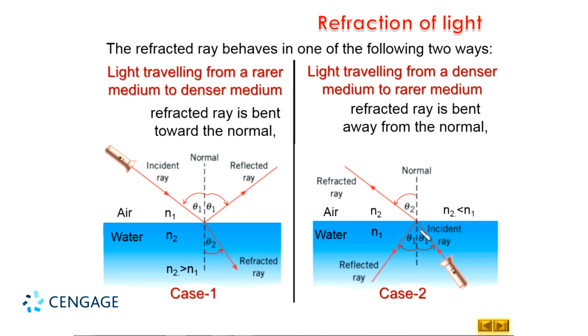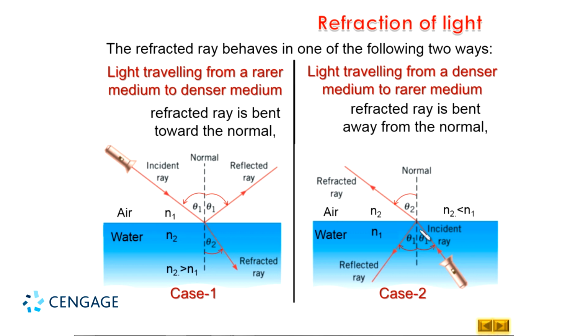Okay. And one more thing to be noted here, that the refractive index of air is labeled N1 in case 1, whereas in case 2 it is written as N2, because we label all the variables associated with the incident ray with the subscript 1 and all variables associated with the refracted ray with the subscript 2.